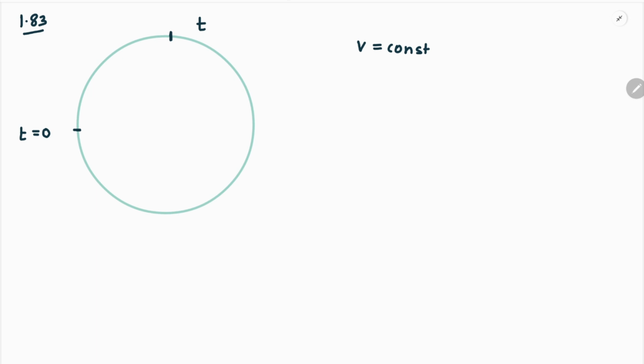so if it is moving with a constant velocity, then at t equals 0, the velocity is directed in this direction. And if the particle moves like this, then at this highest point, the final velocity is in this direction with a velocity v. So this one is final velocity and this one is initial velocity.